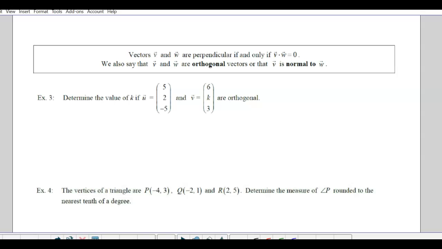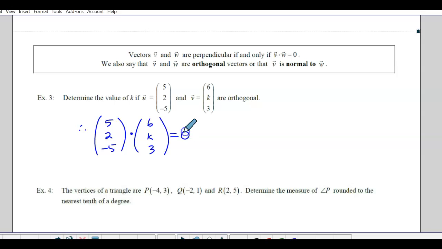Okay? So in example 3, determine the value of k if u and v are orthogonal. So k is one of the components. We want to figure out what k is so that we get a dot product of 0. So therefore, 5, negative 5, dot product with 6, k, and 3 has to equal 0.